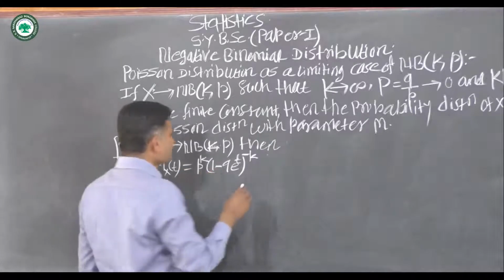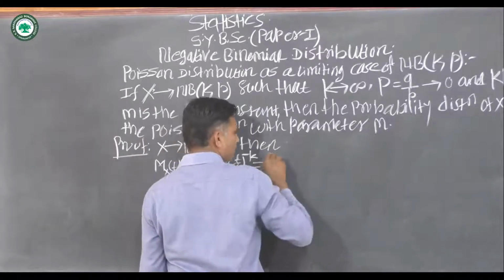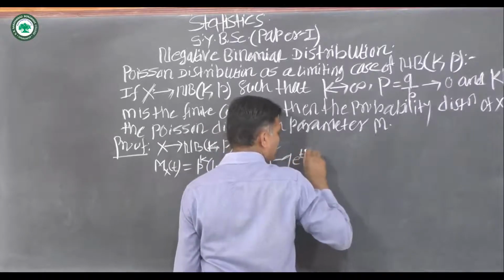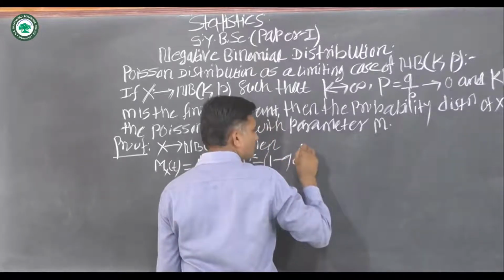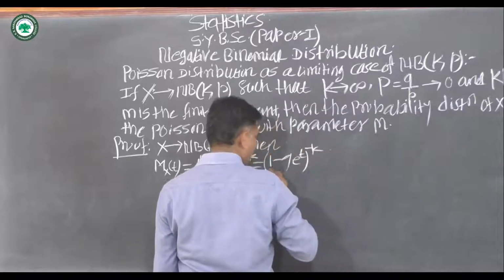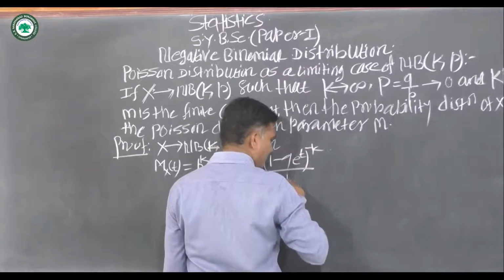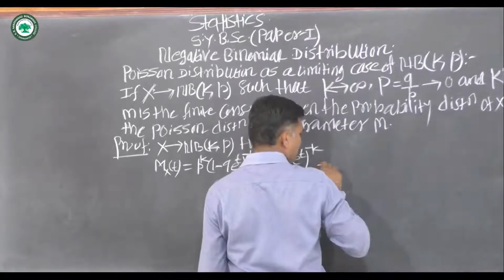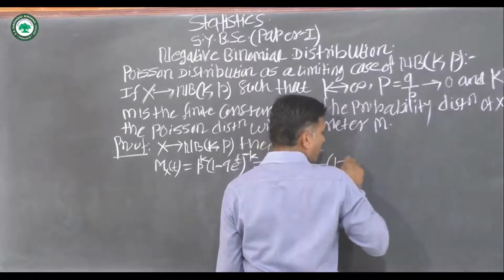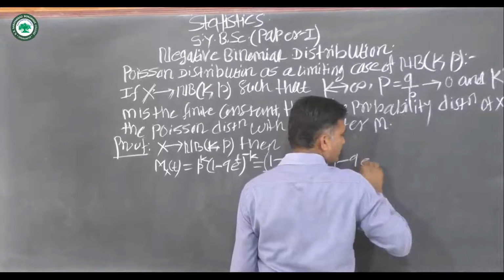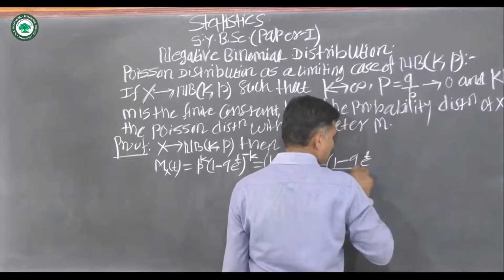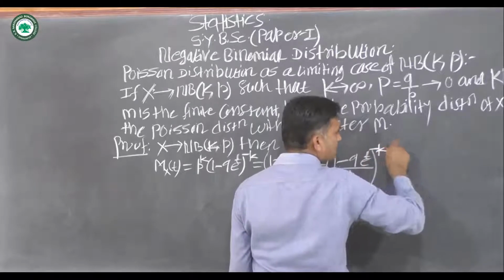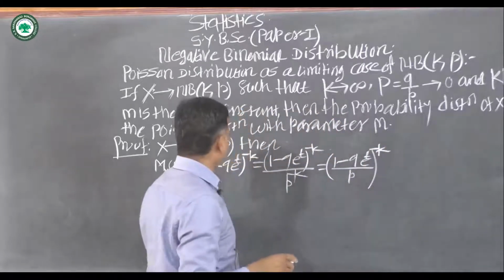Now this can be written as (1 minus q into e raised to t) raised to minus k upon p raised to minus k, which is equal to ((1 minus q into e raised to t) upon p) raised to minus k.